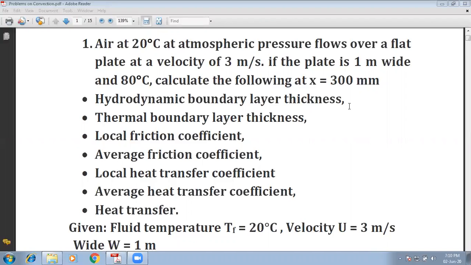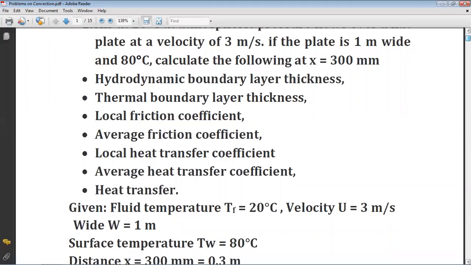And the plate is at 80 degrees Celsius. Over this, air is flowing with a velocity of 3 meters per second and the temperature of air is 20 degrees Celsius. So this is the problem given.